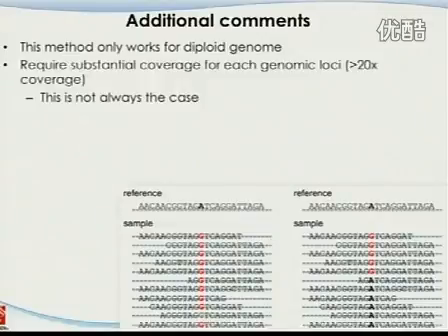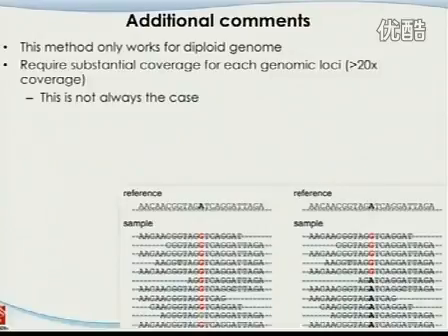It requires substantial coverage for each genomic locus, preferably over 20x coverage. And I think for the current technology, this is pretty simple to achieve, but sometimes this is not always the case. For the exome sequencing project we had, most of the coverage is much deeper than this, so don't worry about that.